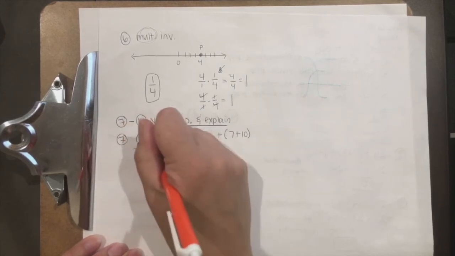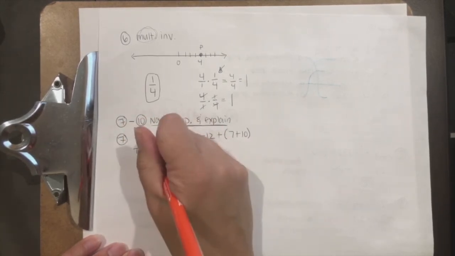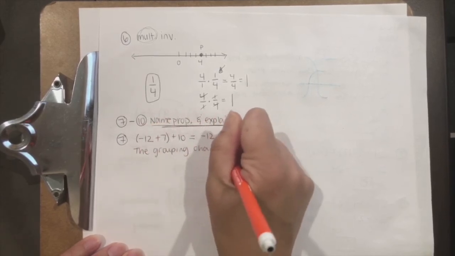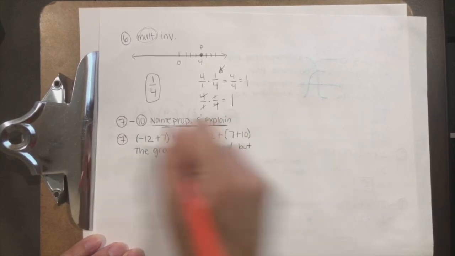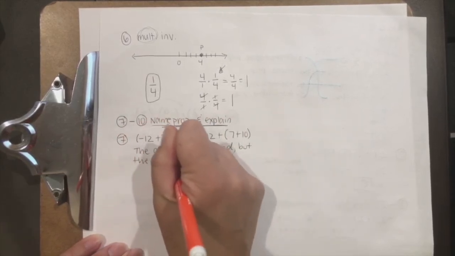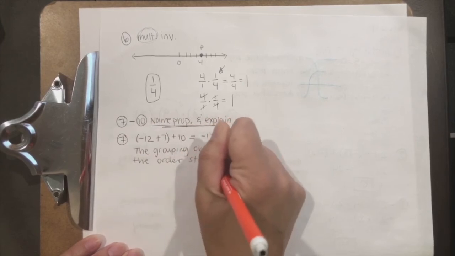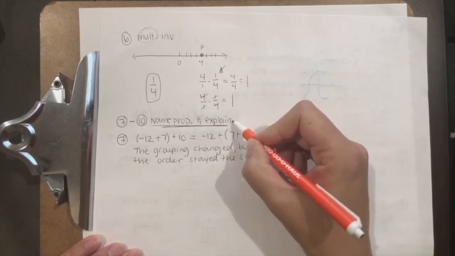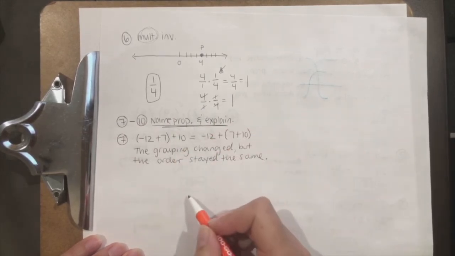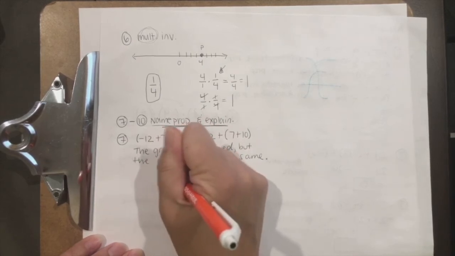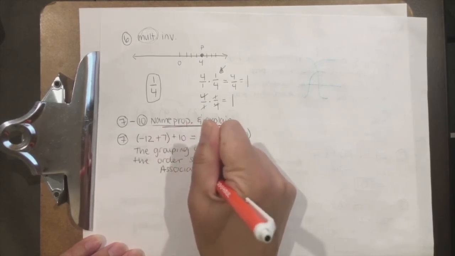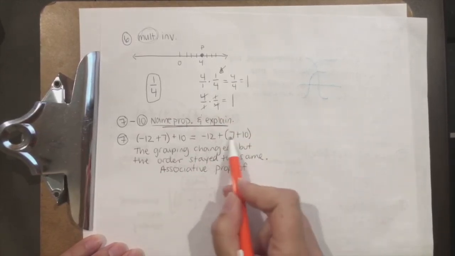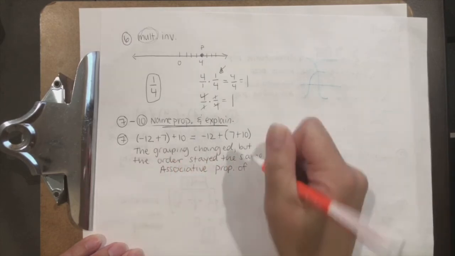So the parentheses, or the grouping, changed, but the order stayed the same. So there's our explanation, and now we're going to name it. So we're going to name this associative property of, now is it addition or multiplication? It's addition.